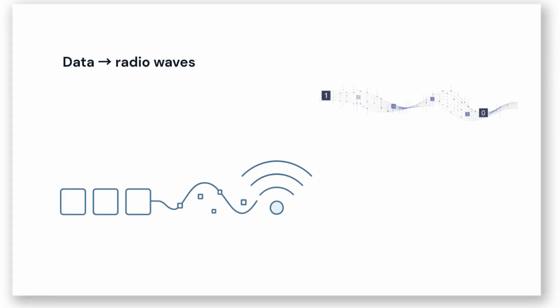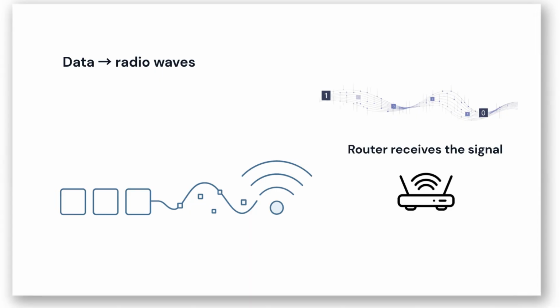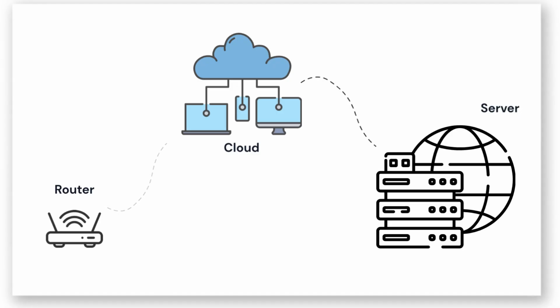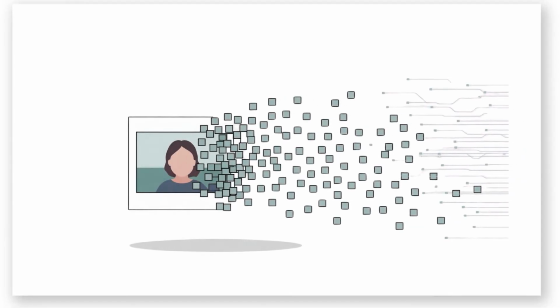Different patterns represent different bits of data. The router listens, receives the radio signal, decodes it back into digital packets, and then sends those packets across the internet towards the destination server. On the other side, the process runs in reverse. Packets arrive, are checked, reordered if necessary, and finally reassembled into the same photo you sent.